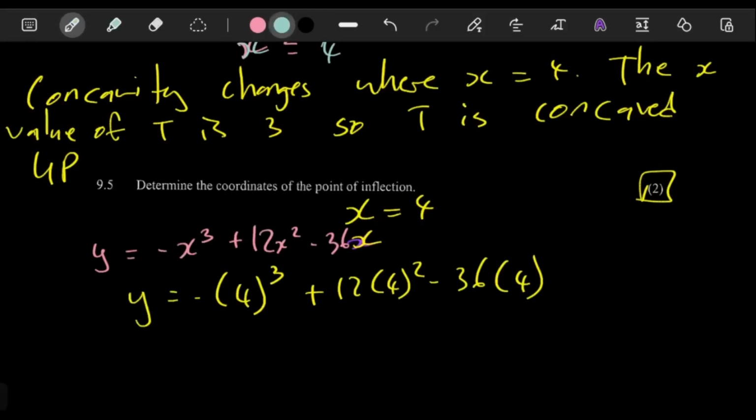We need the calculator. What is the calculator giving us? Where's my calculator? Let me see.